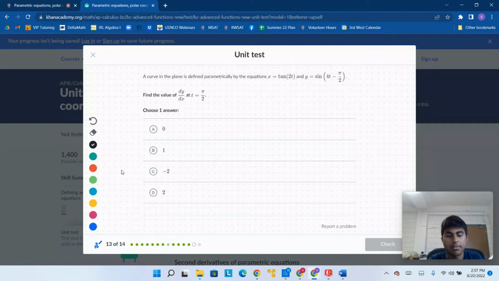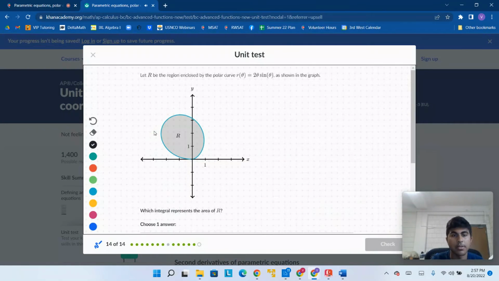Make sure of that. And then sine 4t minus pi over 2. And then you find the dy dx at t equals pi over 2. And dy dx is 0. So that's our answer, and we can keep going.